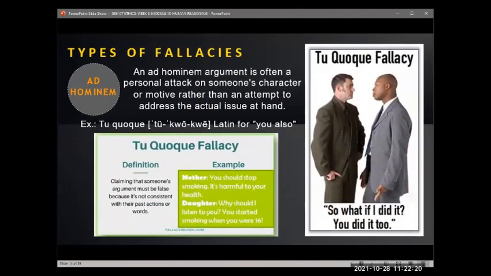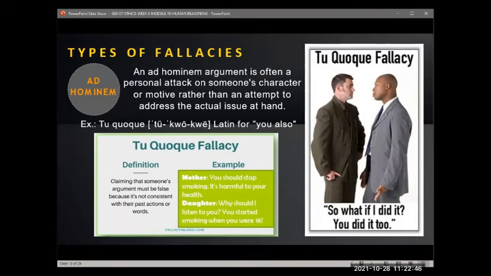Now, there are different types of fallacies. The first type of fallacy is what we call ad hominem. An ad hominem argument is often a personal attack on someone's character or motive rather than an attempt to address the actual issue at hand. An example of ad hominem is what we call tu quoque. Tu quoque is a Latin phrase for "you also."